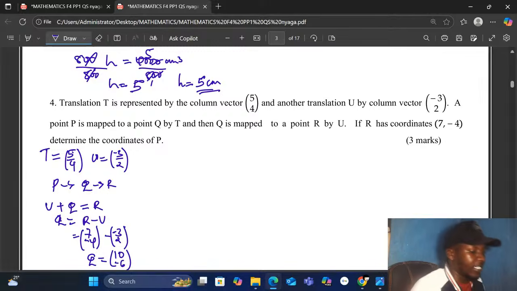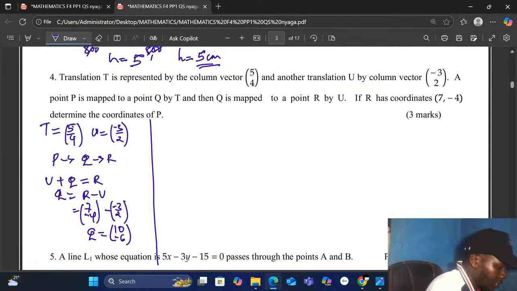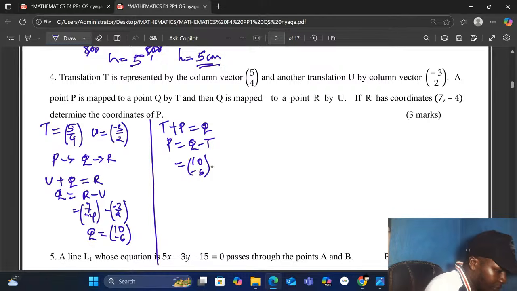So we have T now. T plus P gives us Q, and that P will be equal to Q minus T. So we have our new Q, which is (10, -6). Then we subtract T, and our T is (5, 4).